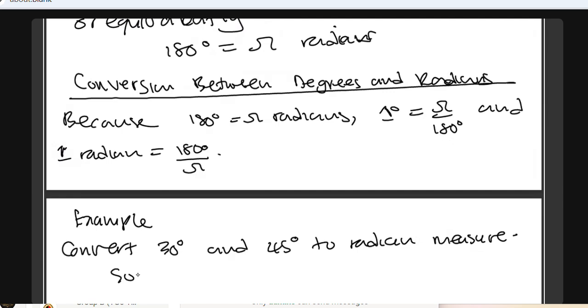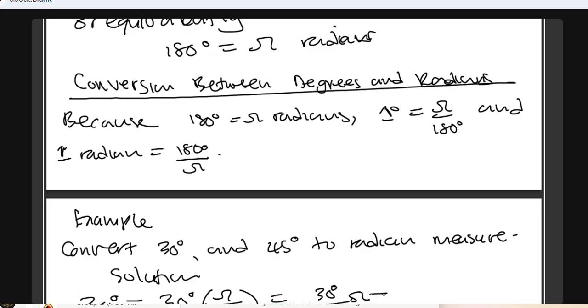Solution. So 30 degrees is just equal to 30 degrees multiplied by pi over 180 degrees. So this will be 30 over 180 pi, and this will just be pi by 6. So we've converted the 30 degrees to radians.